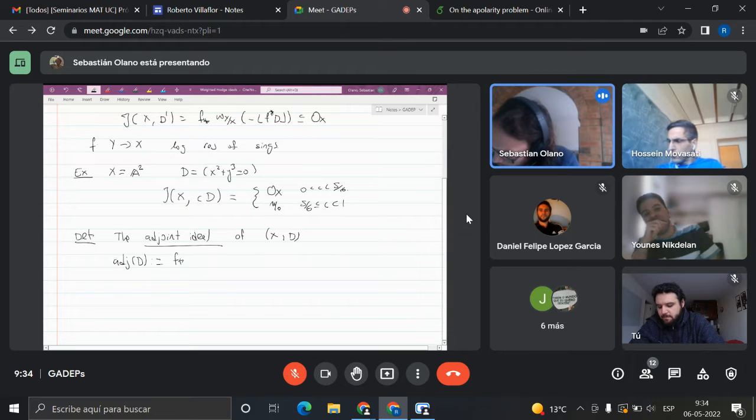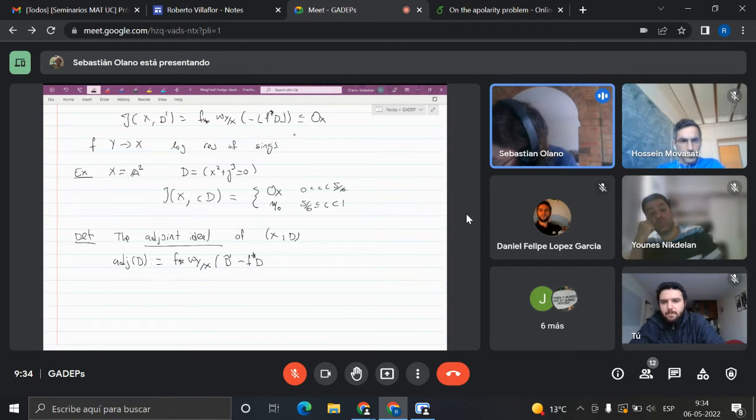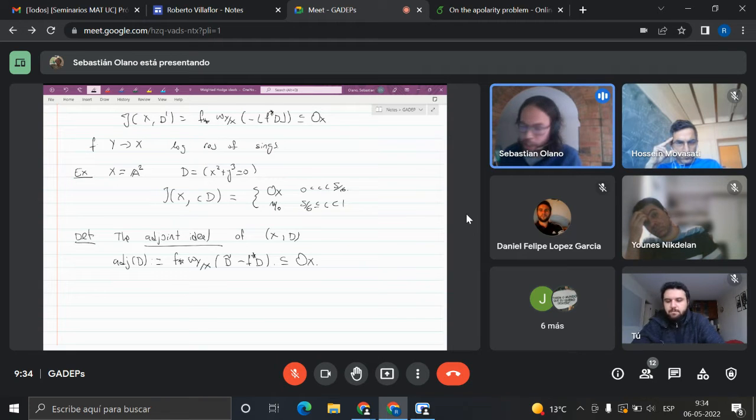It is the push forward of this relative canonical, and now we add this formula. Again, this is a sheaf of ideals, and the formula is very related to the multiplier ideal. In this case, if we look at the cuspidal curve, the adjoint ideal is also the maximal ideal at the origin.